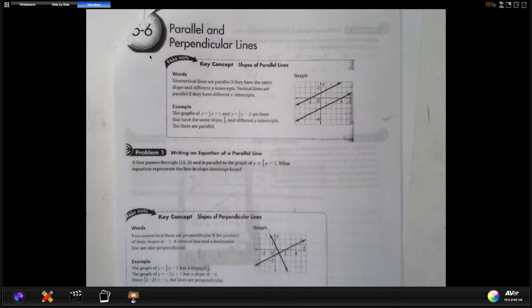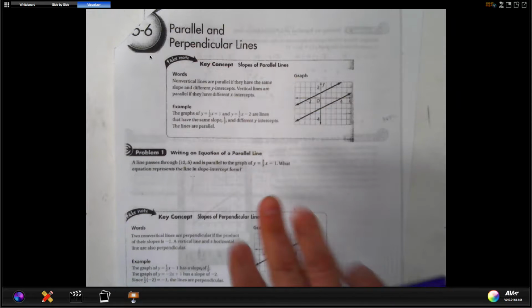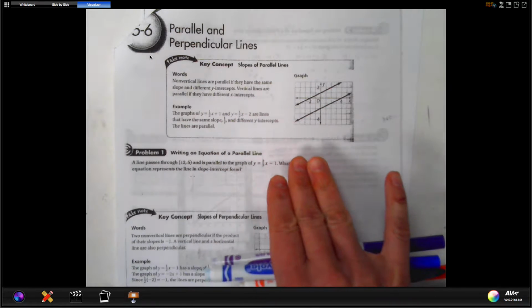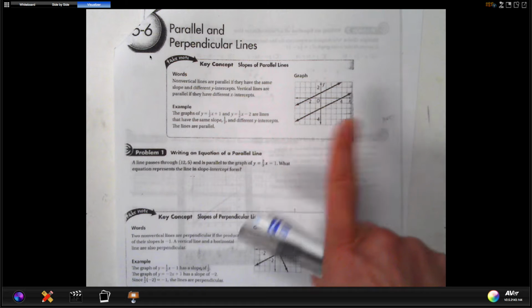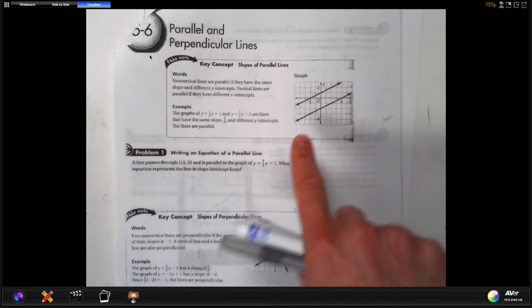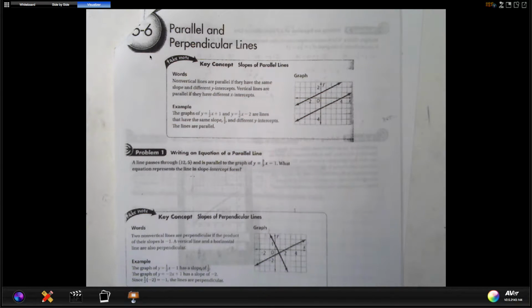Something I just copied for you on this note packet was the key concept of a parallel line. Remember, parallel lines don't touch, ever. But the slope of the line really means how steep the line is.